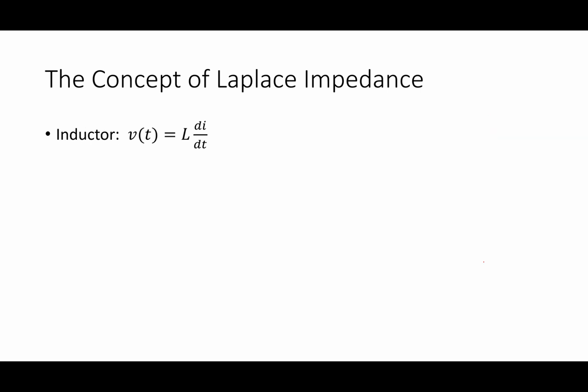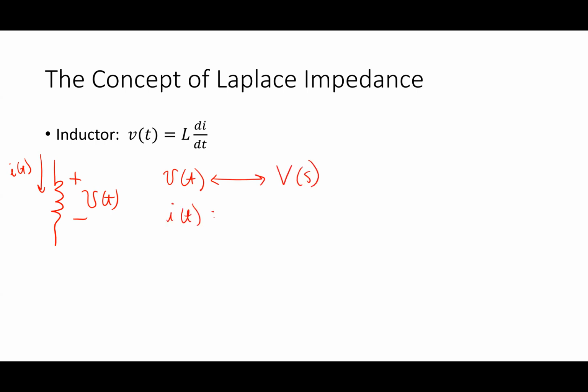All right, what's going to happen if I look at an inductor? We should be able to know. If I have an inductor, here's V of t, here's I of t going this way. If I Laplace transform this, the Laplace transform of V of t is V of S, and the Laplace transform of I of t is I of S. So you tell me, how do I apply the Laplace transform to both sides of V of t equals L di dt?